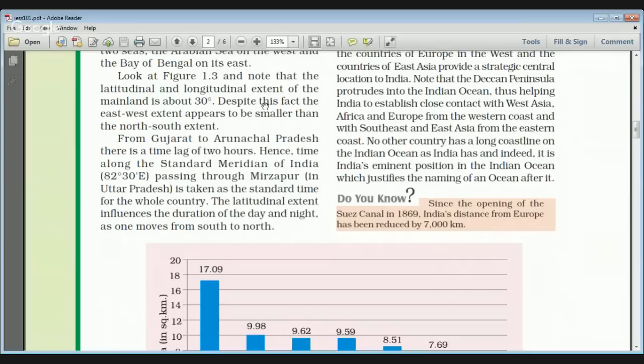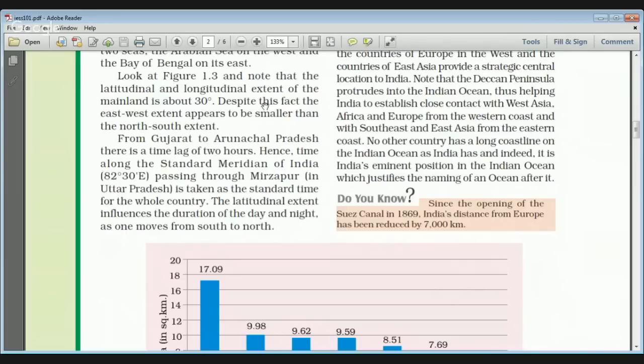So if you divide 360 degrees by 24 hours, we get that for every 15 degrees the earth moves about 1 hour. So this 30-degree extent means there is a time gap of around 2 hours between the two extreme points, that is the easternmost point as well as the westernmost point of India.